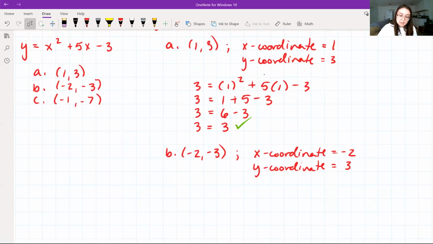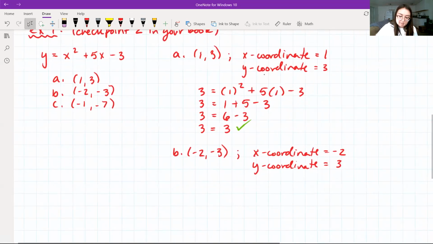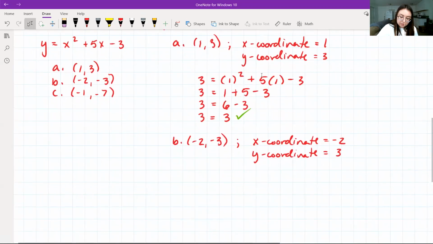All right, so now just like in part A, we're going to do the same thing by just plugging in these values. So we're going to get -3 is equal to x squared, which will be (-2) squared, plus 5 times x, which will be -2, minus 3.